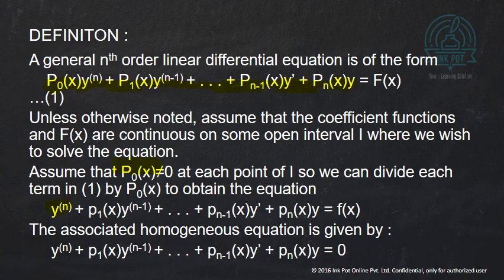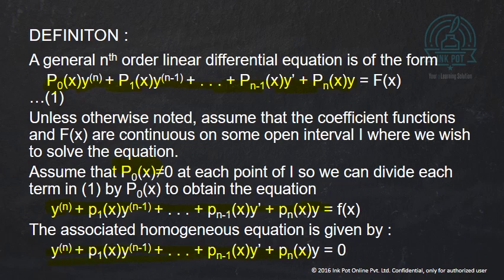So we get the equation y^(n) plus p1(x) y^(n-1) plus p_{n-1}(x) y' plus p_n(x) y is equal to f(x), and the associated homogeneous equation is given by just taking 0 on the RHS. So here, if f(x) vanishes for all points in I, we get the associated homogeneous equation.